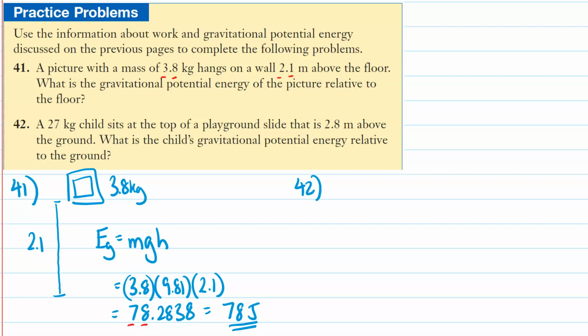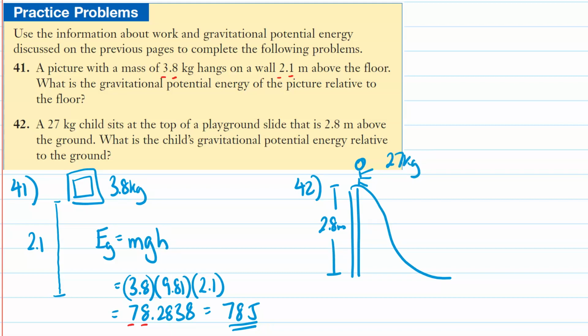Number 42. A 27 kilogram child sits atop a playground slide. So here's your playground slide. Here's this child. And the child is 2.8 meters above the ground. The child has a mass of 27 kilograms.